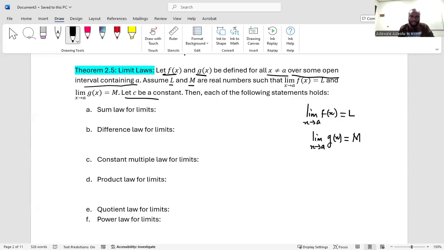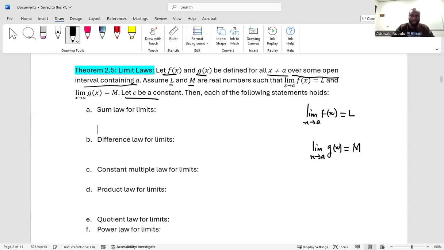Another thing is we are taking c to be a constant. The first one we are going to look at is the sum law for limits.